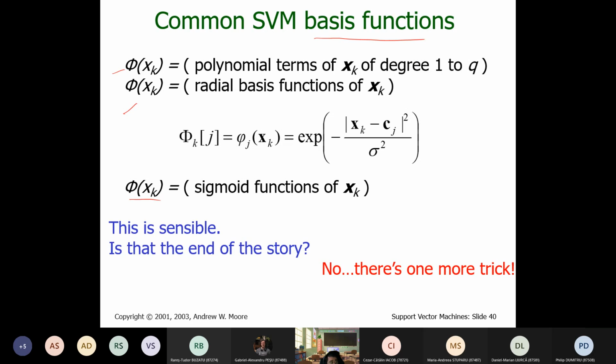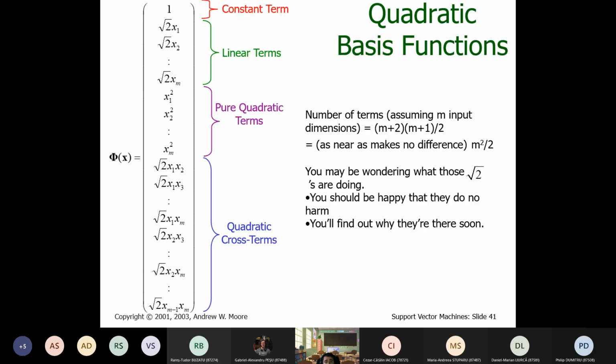So this will lead us to obtaining a linearly separable data set if we get to a higher dimensional space, and if we don't have errors, as I told you earlier. But there is one more thing that we should know.